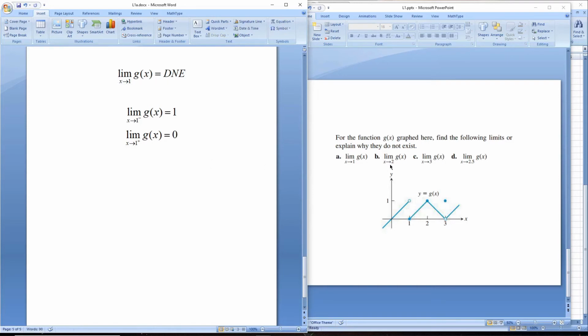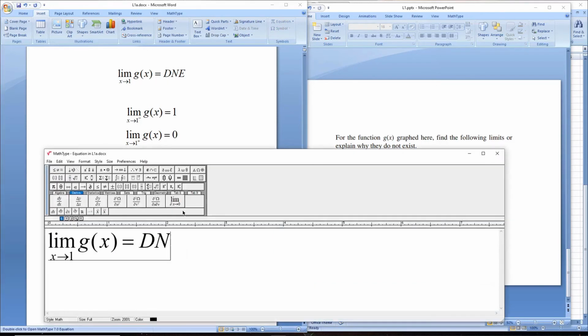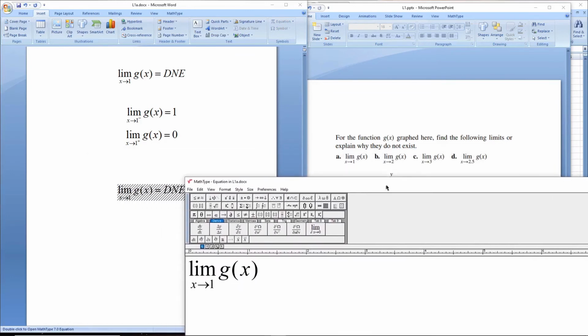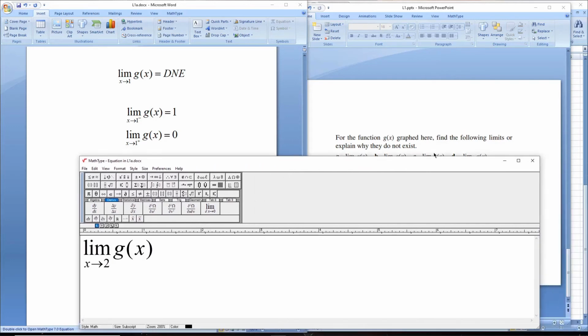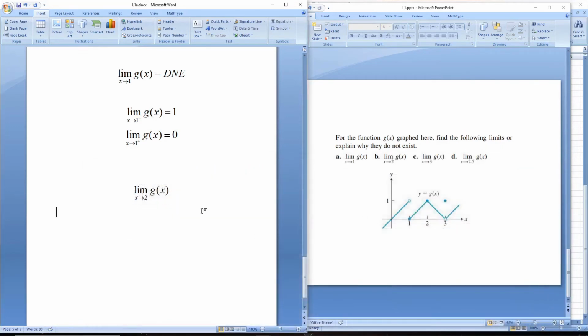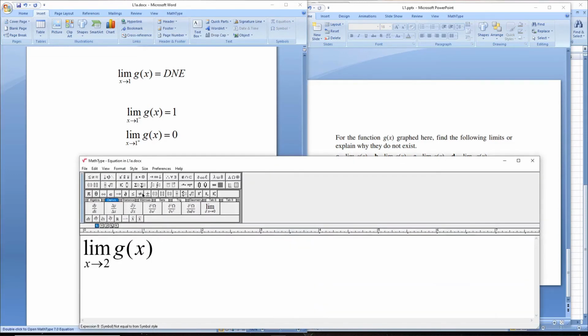So let's check out part B. So part B says the limit of the function as we approach 2. Now notice again, 2 has no superscript, so this is a two-sided limit, which means we have to check the left side and the right side to see if they equal. So let's check the left side.